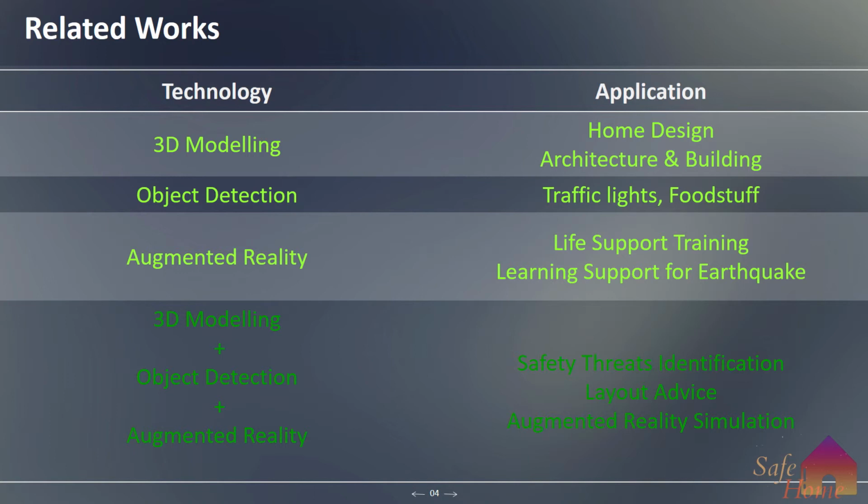And augmented reality is used in life support training and learning support for earthquakes by simulating a real situation. We take a further step and combine these technologies creatively to achieve a safer home, including identifying potential threats, providing advice for home layouts, and simulating the threat consequence.